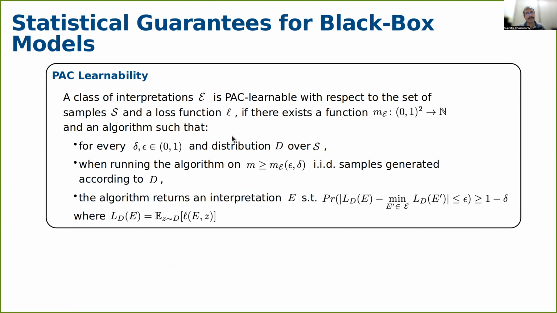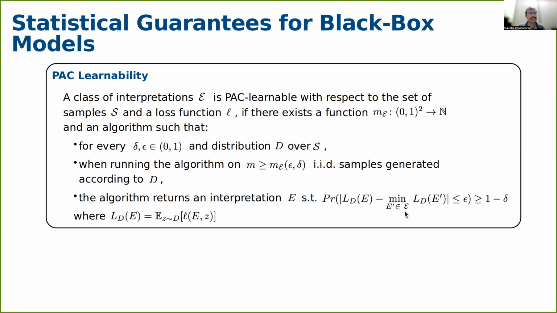Basically, PAC learnability tells us the minimum number of samples that you must have, such that when you find the optimal interpretation with respect to that many independent and identically distributed randomly chosen samples, you can also say that when you run this interpretation on the overall model, you're not going to incur too much error from the best thing, right?